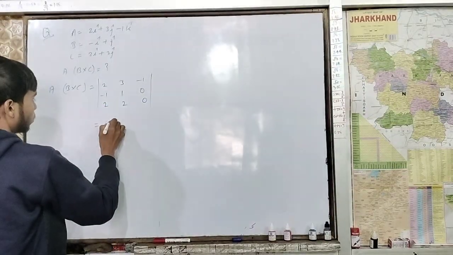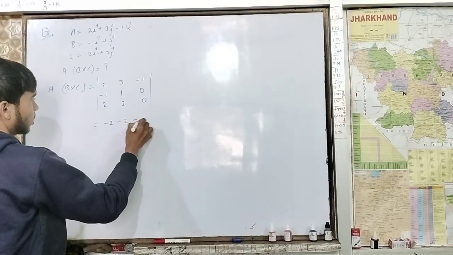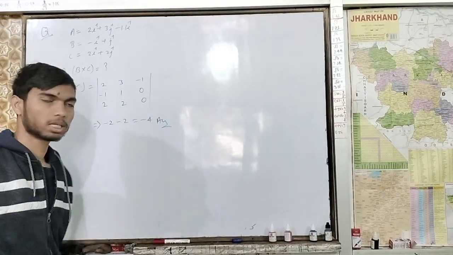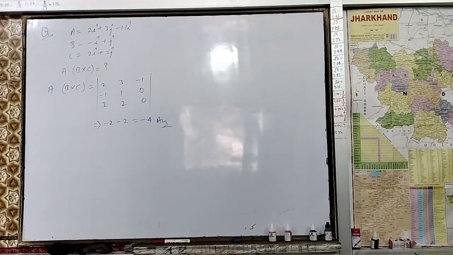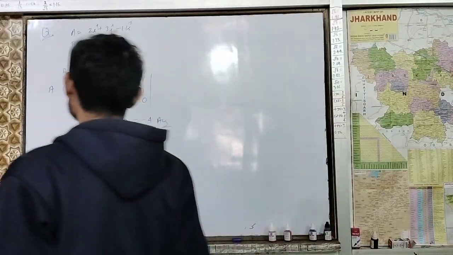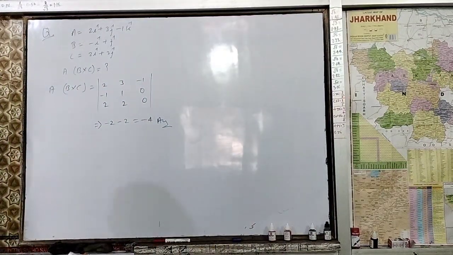So minus 2 and minus 2 will be equal to minus 4. This will be our answer. Minus 4 is our answer. That is how you will solve. Clear?